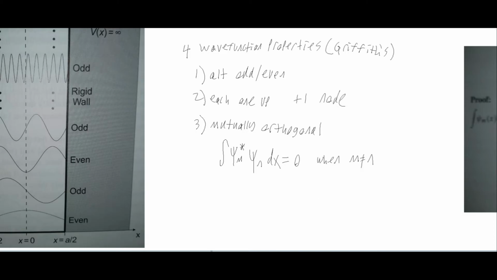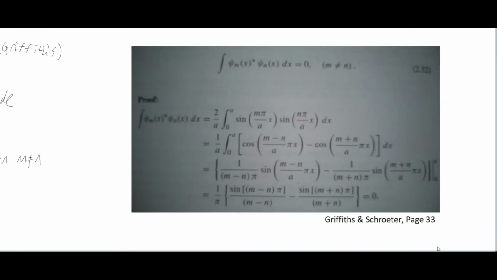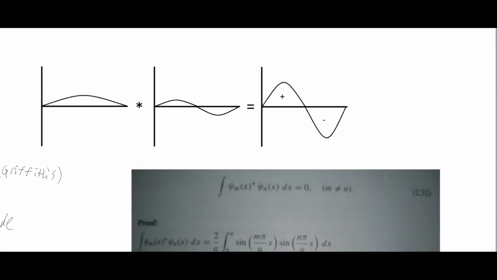And so in Griffiths, and this wasn't a very good picture, but he actually goes through the proof of it here. So you can, I guess, pause or look this up or buy the Griffiths book or whatever if you want to look at that. I wanted to do a little bit more of an intuitive approach to it. And so if we take the n equals 1 and the n equals 2 wave functions here and multiply them, what we get is this.